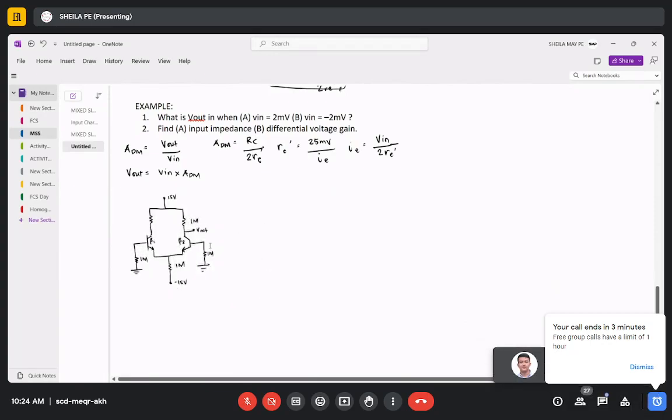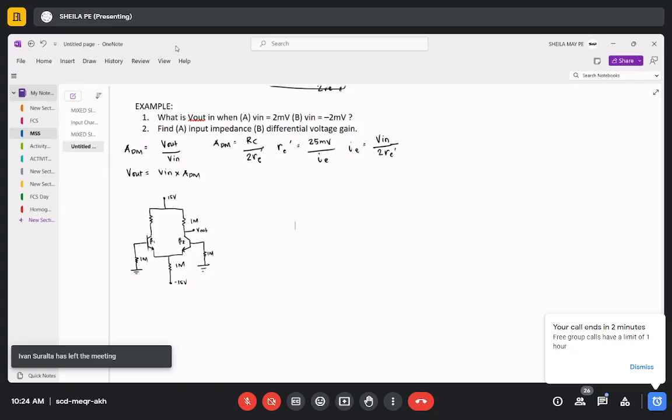Okay, so if you were given that one, ang pagkuha sa ato ang IE, that's Vin over 2RE. Okay, ang pagkuha sa atong IE is through DC analysis.